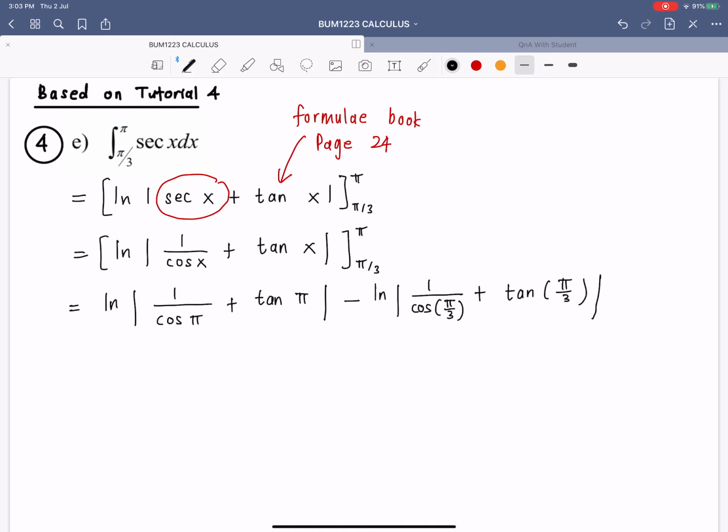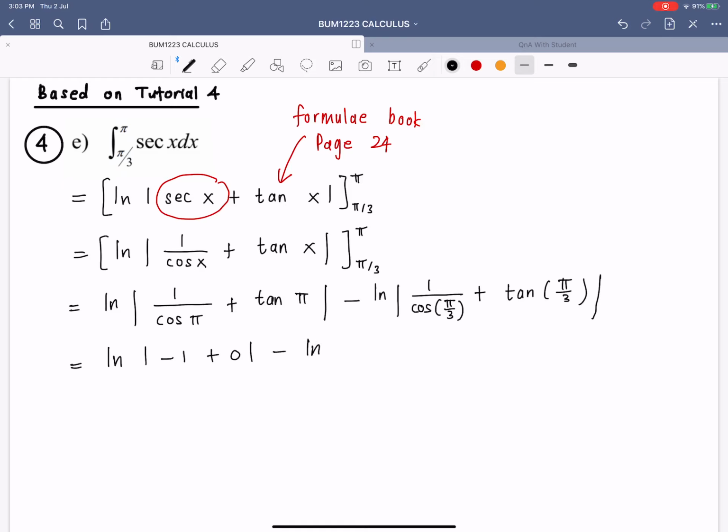Okay, what's next? Then you can press your calculator. You'll find that for the first part, we have ln modulus -1 plus 0. Make sure when you press your calculator, you choose the mode as radian.